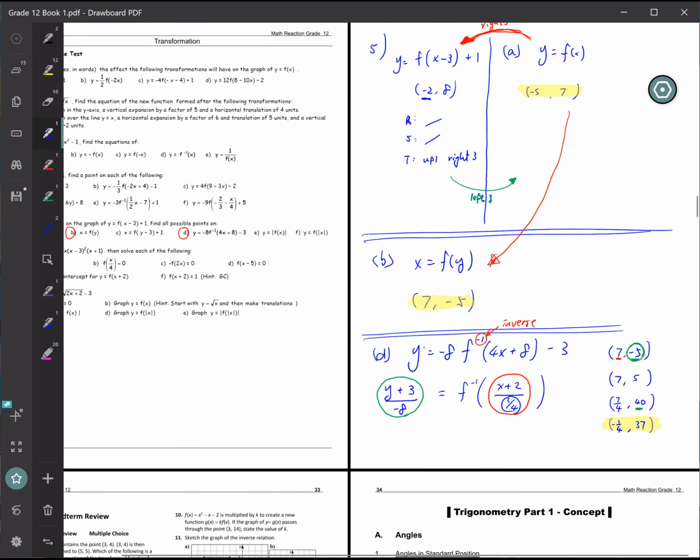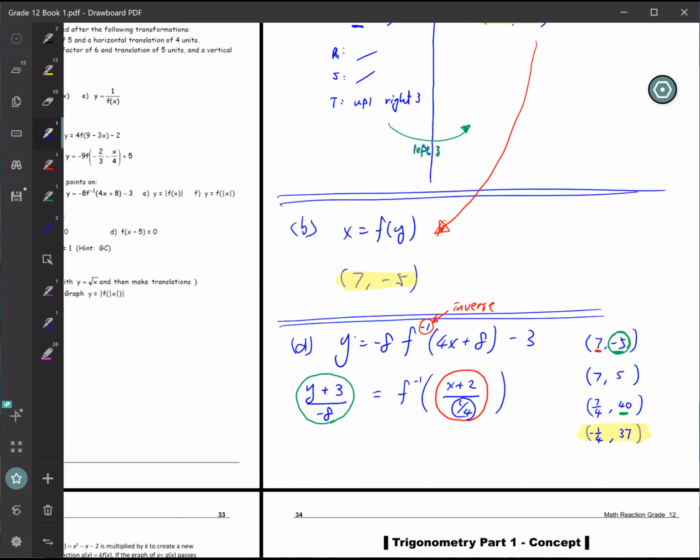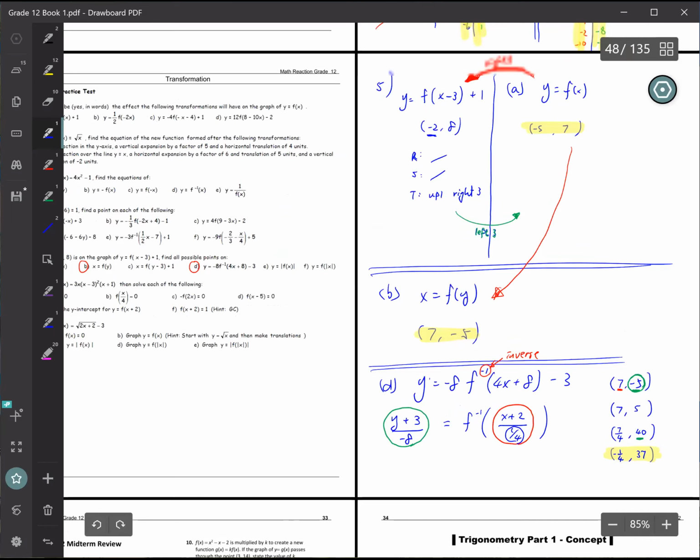So, okay, can you drop your hand when you finish this part? Question 5. So I hope these corrections help you, because you will still be doing some review.